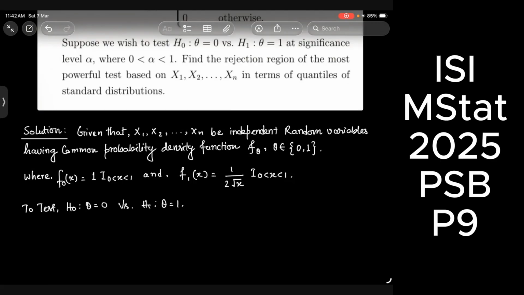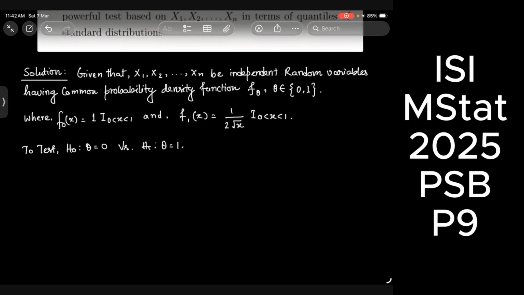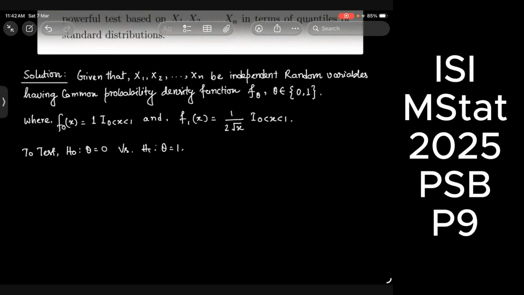So what does the Neyman Pearson lemma suggest? Tell me. If f1 by f naught greater than k will yield an MP region.